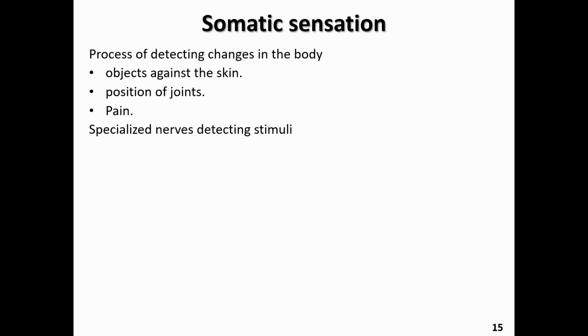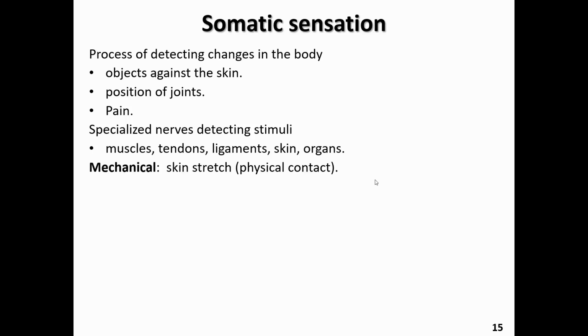And in order to transmit this information, there are specialized nerves and nerve endings that detect that stimuli. And these reside within muscles, tendons, ligaments, skin, and organs. In terms of the mechanical stimulus that originates from outside the body, skin stretch through physical contact is the major mechanism for exteroception when it comes to touch.